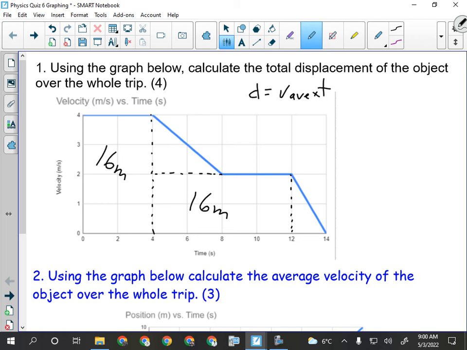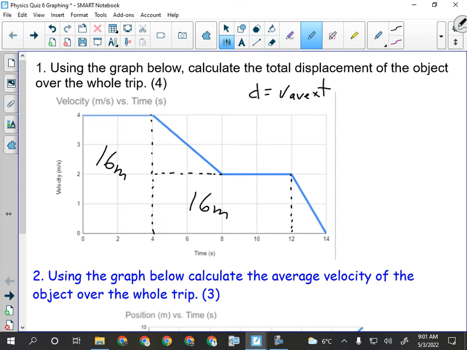What's going on during this part of the graph where the line is diagonal? It's slowing down. Since it's slowing down from 4 meters per second to 2 meters per second, the average is right in the middle. Everybody all right with that? Average would be right in the middle there.